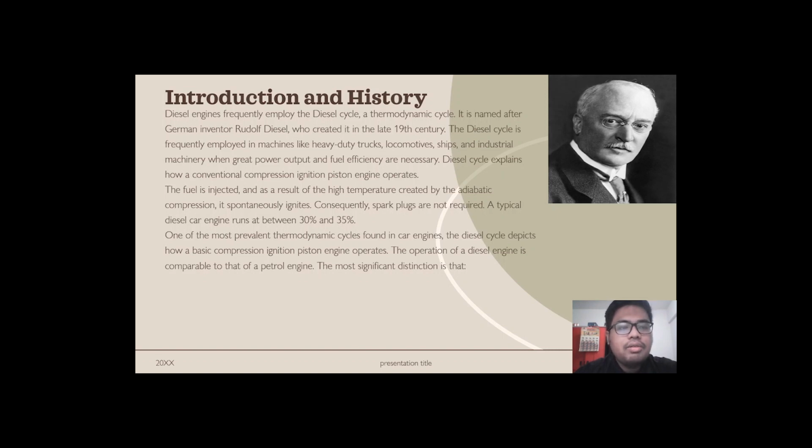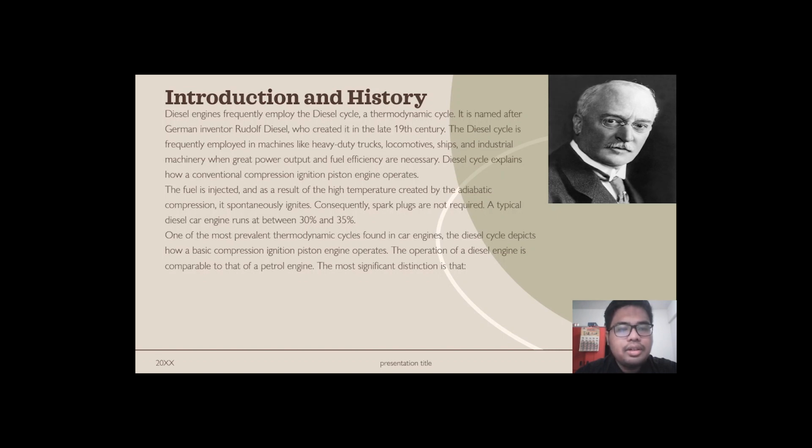The diesel cycle explains how a conventional compression ignition piston engine operates. The fuel is injected, and as a result of the high temperature created by the adiabatic compression, it spontaneously ignites. Consequently, spark plugs are not required.